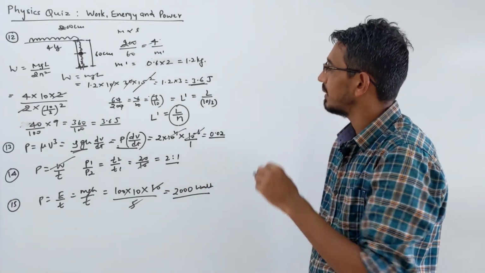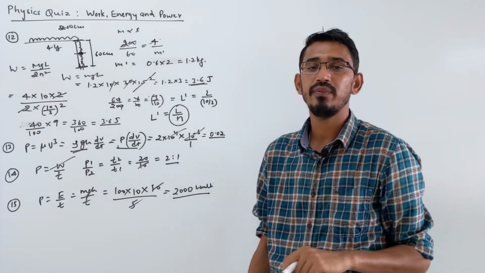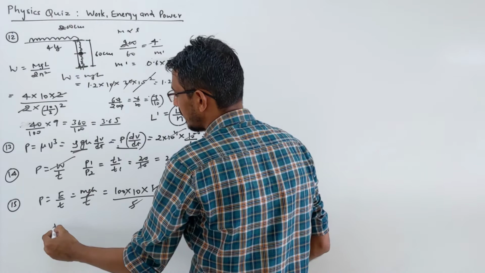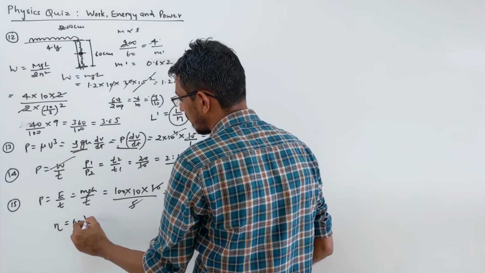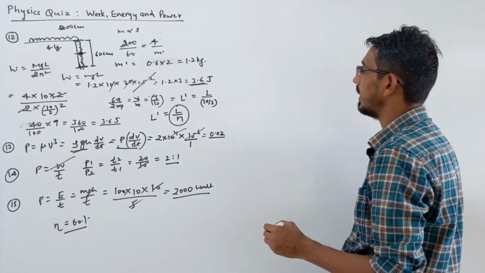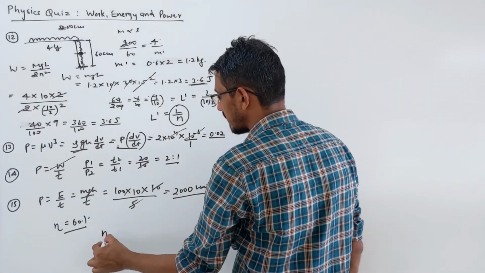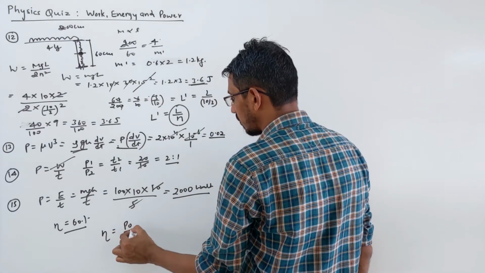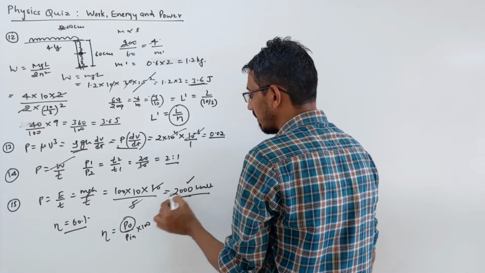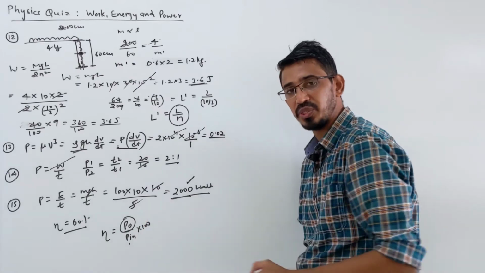Now we need this, but the engine is not 100% efficient. Some efficiency is given, 60%. Efficiency given as 60% means that in reality the engine will consume more power to do that. So we can write the efficiency formula. Efficiency is nothing but P out by P in into 100. This is the output power we needed, but how much do we really have to supply to the engine?